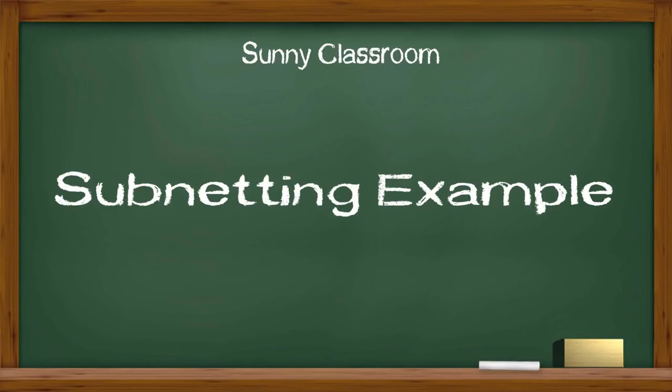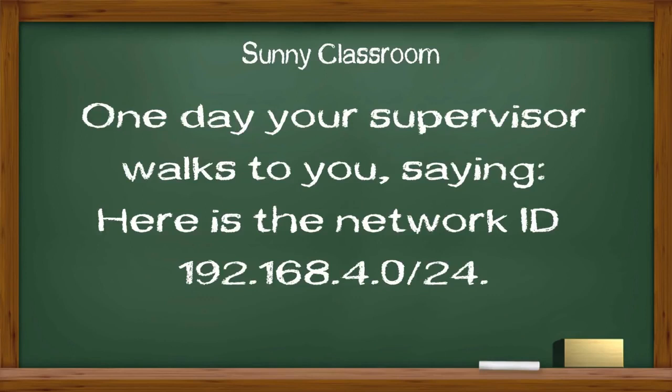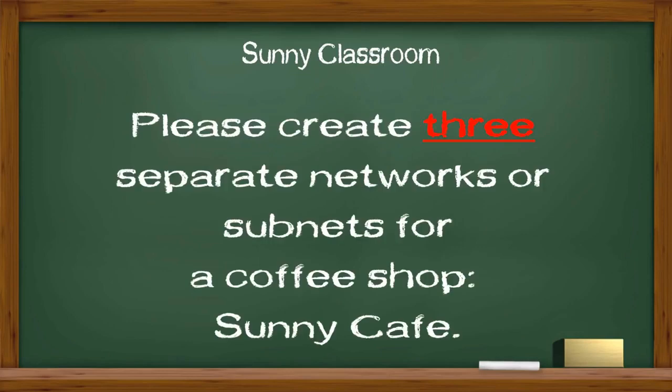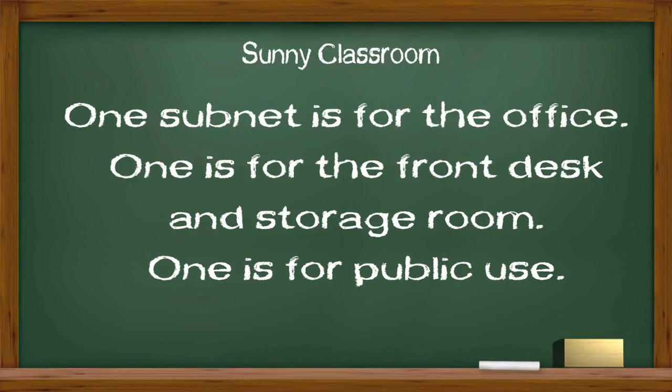Let's take a look at one example. One day your supervisor walks to you saying, "Here's the network ID. Please create 3 separate networks or subnets for a coffee shop, Sunny Cafe. One is for the office, one is for the front desk and storage room, and one is for the public use."